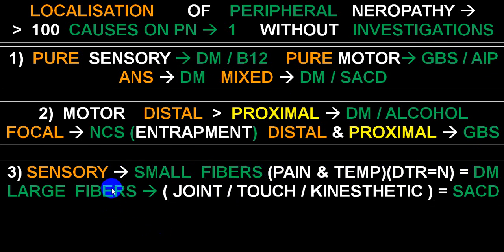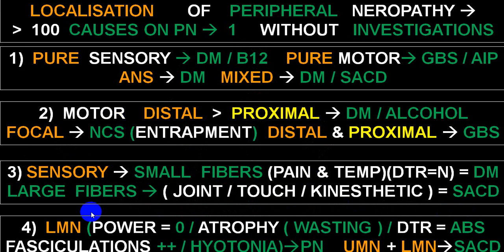Now if large fibers are involved, meaning the posterior column is involved, Romberg sign positive, with involvement of motor fibers, suspect subacute combined degeneration. And if only the posterior column is involved, then also keep the first differential diagnosis as subacute combined degeneration, that is because of B12 deficiency.